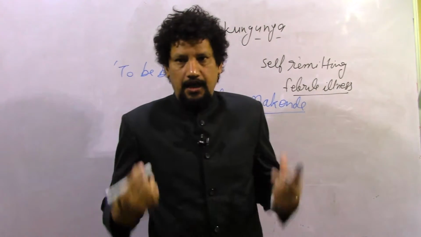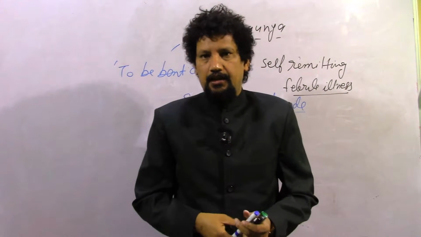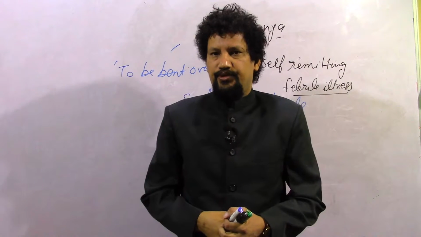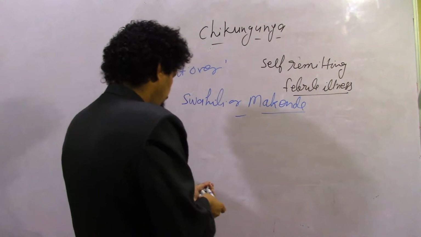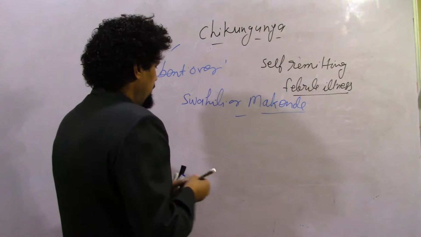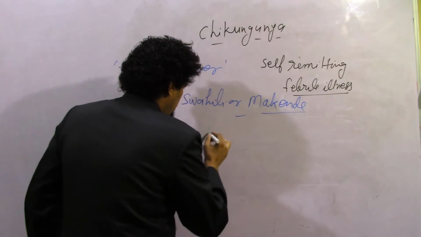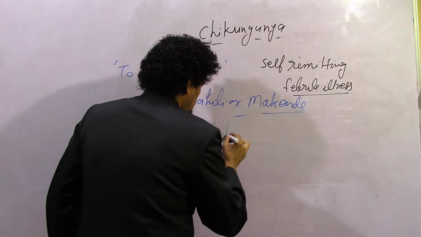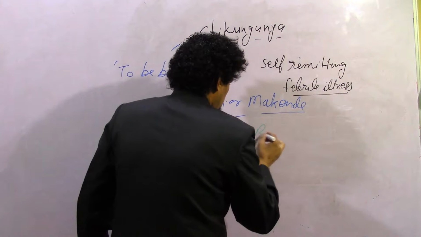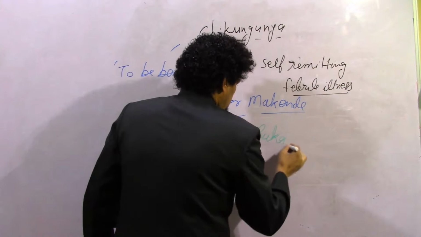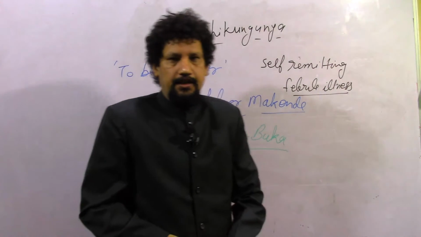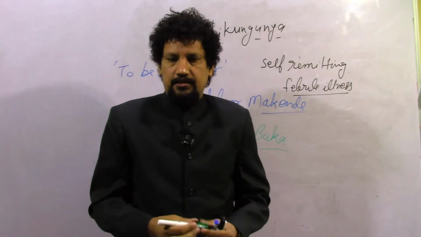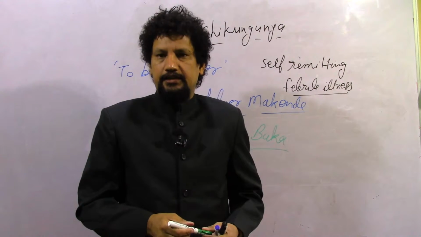The other name for chikungunya in Congo is buka. The translation of buka is broken.